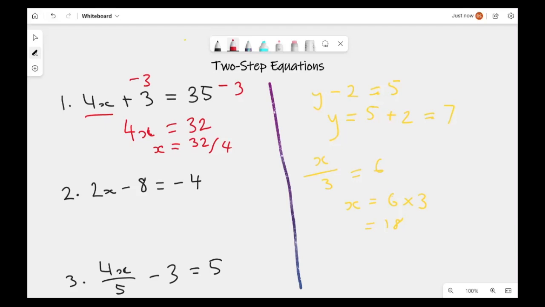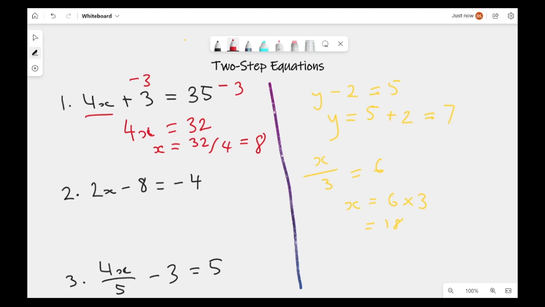That's why we always have this reverse operation. When we have a multiplication and we want x on its own, we're dividing by the number multiplying x on the other side. Our pluses are minuses on the other side of our equal sign, and so on and so forth. You can refer back to the previous video if you need a bit more clarification on that. And here we're left with x equals 8.